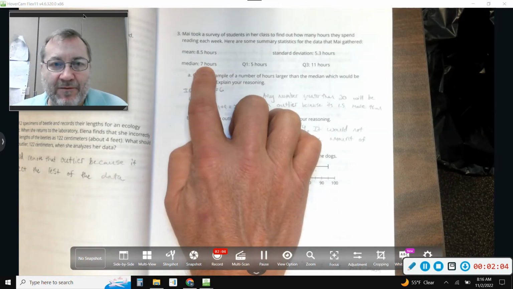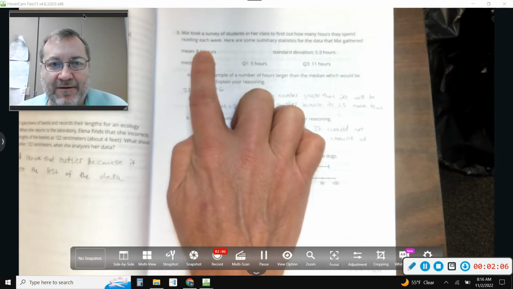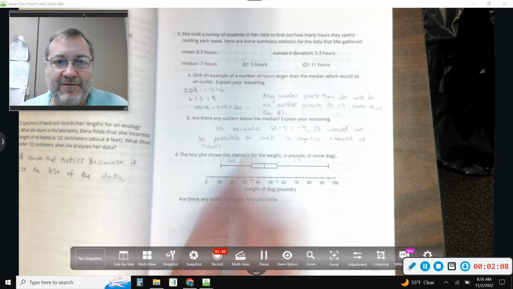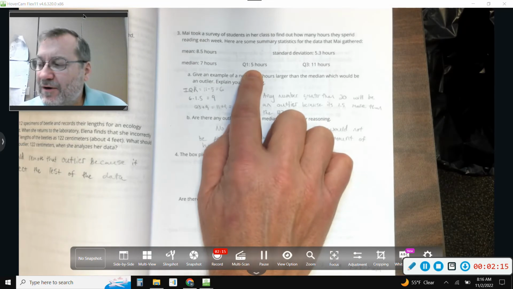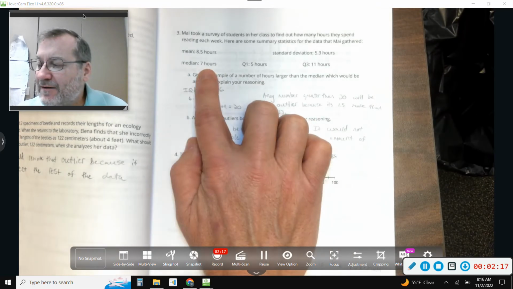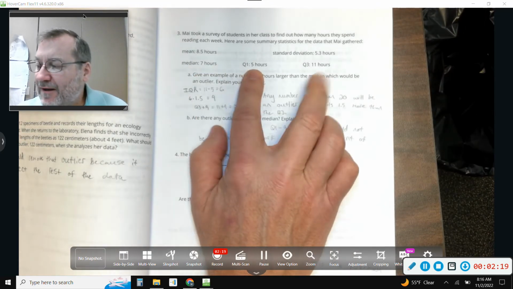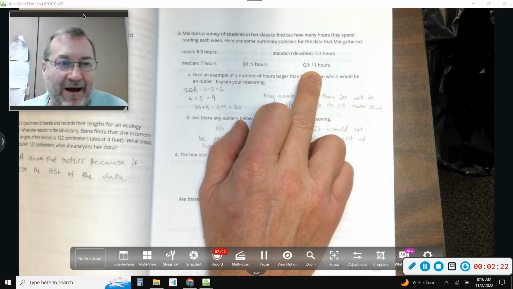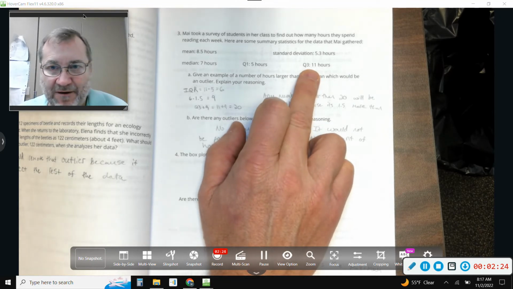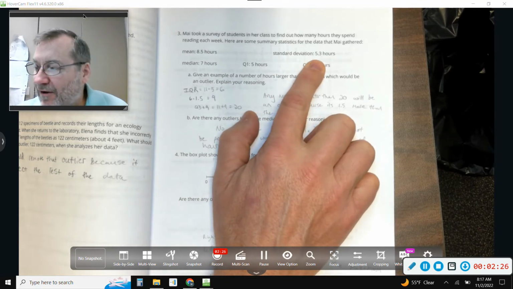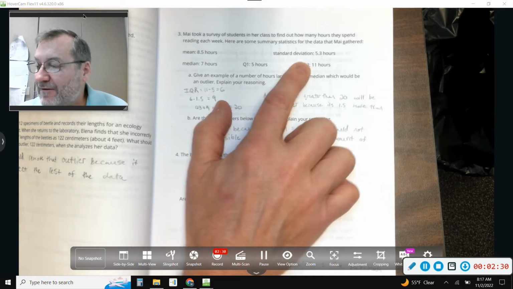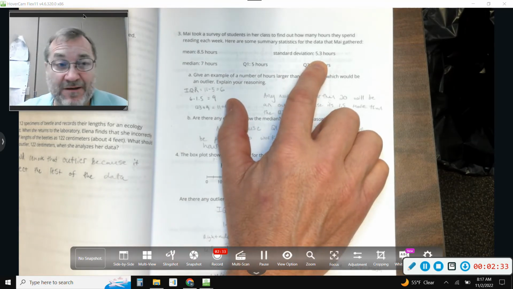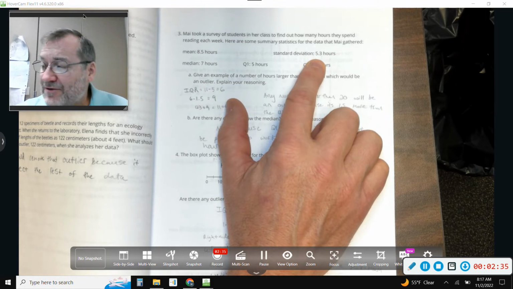The median is at 7, the mean is at 8.5, so it's shifted everything kind of to the right. You can see that too when you look at Q1 at 5 hours, then 7 is pretty close to that, and then you go all the way to Q3, you're at 11 hours. All right, so this is a massive shift there. And that standard deviation is rather high when you consider that your mean is 8.5 and your standard deviation is 5.3. That's a pretty substantial size on your standard deviation.